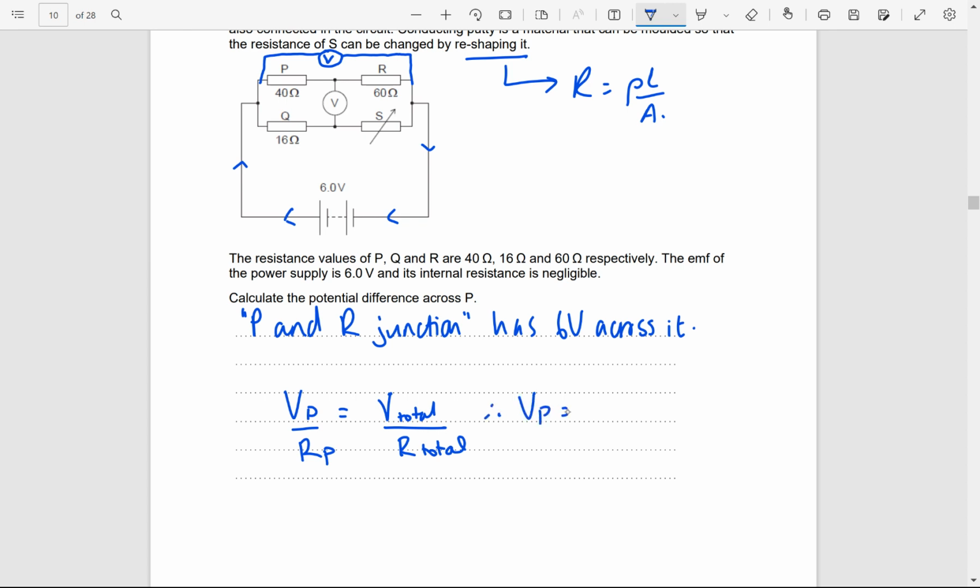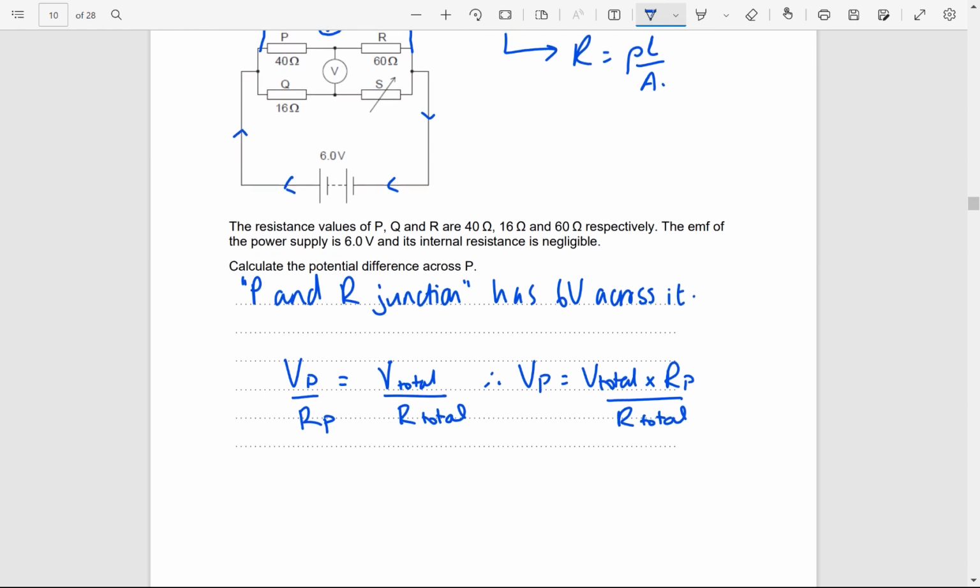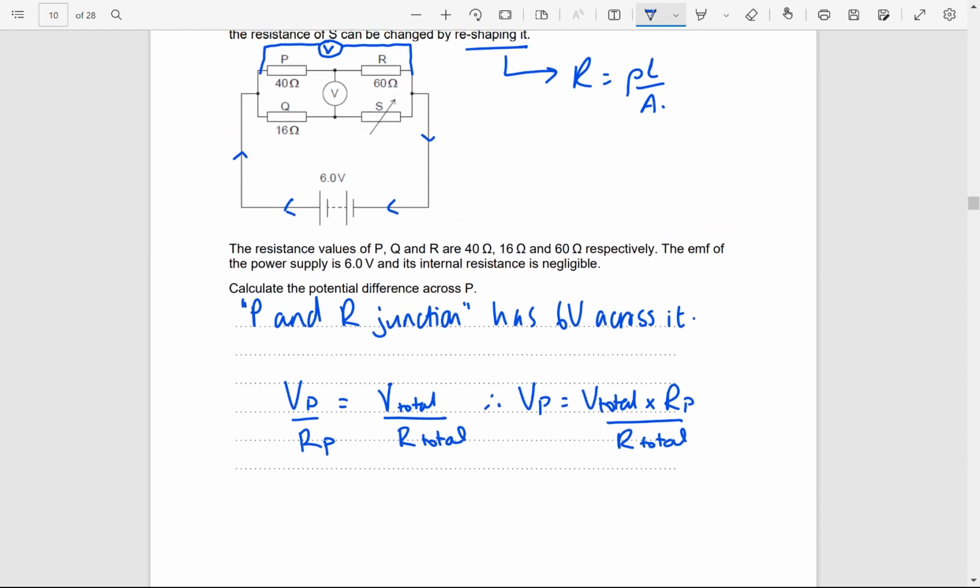Therefore, VP equals V total times by RP divided by R total, because it's all to do with ratios.